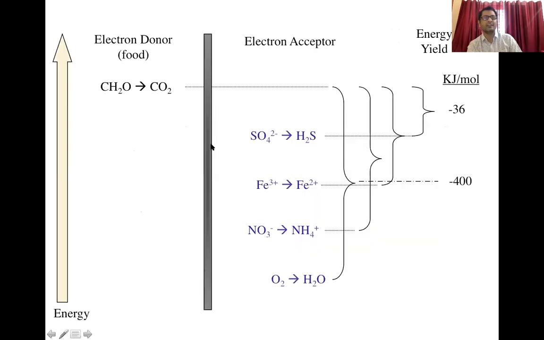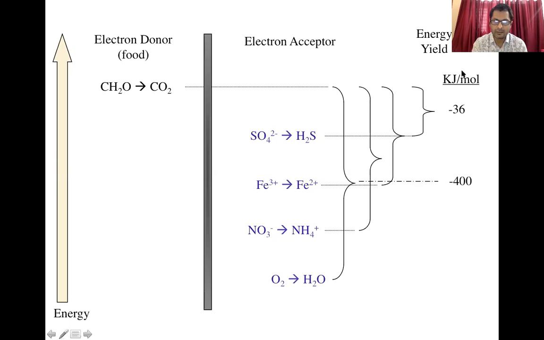So if we see it here, the electron donor is carbohydrate, and these are different electron acceptors, right? We are not talking about oxygen here, because we are talking only anaerobic. We already know that when the electron donor is carbohydrate and the electron acceptor is oxygen, the energy release is 400 kilojoule per mole, right?